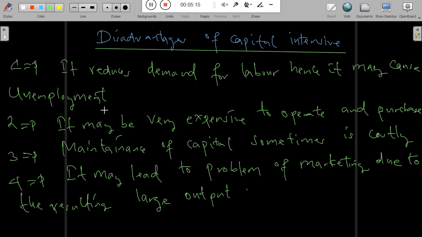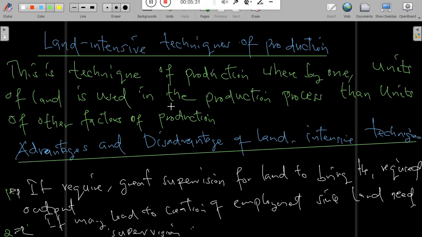It may also be very expensive to operate and control capital, and the maintenance of capital is sometimes costly. This may lead to problems of marketing, since the efficient use of capital cannot get sufficient connection to human beings or laborers who are part of the market.